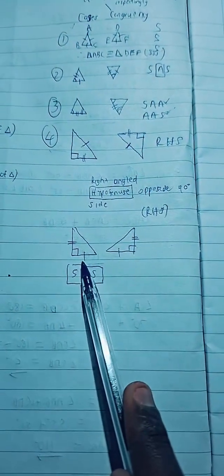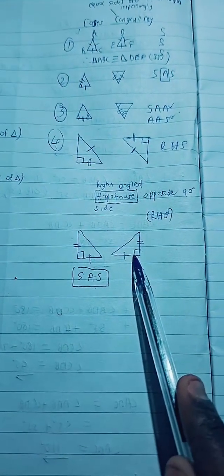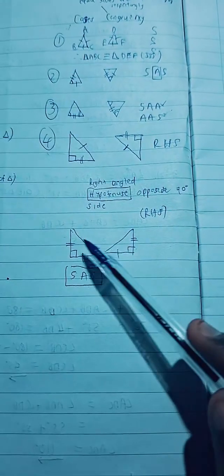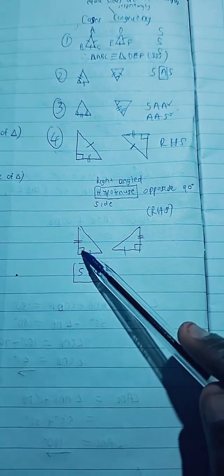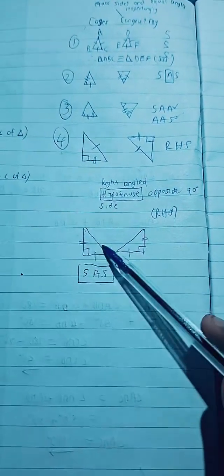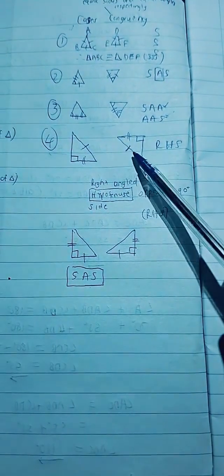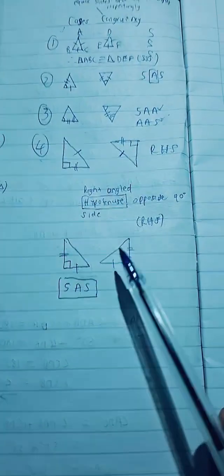And I said here that if you have a situation where you have a right angle, but the hypotenuse is not identified as a side that is respectively equal, but you have the other two sides being the two sides where an angle is sandwiched in between, then this is not RHS, but this is SAS, and we need to see it as such. We must not be confused about RHS and SAS.